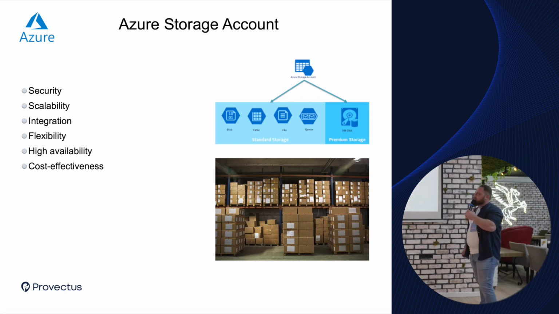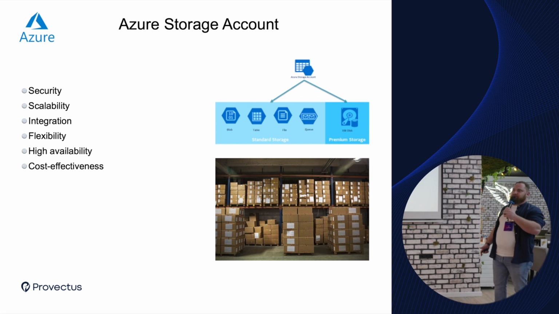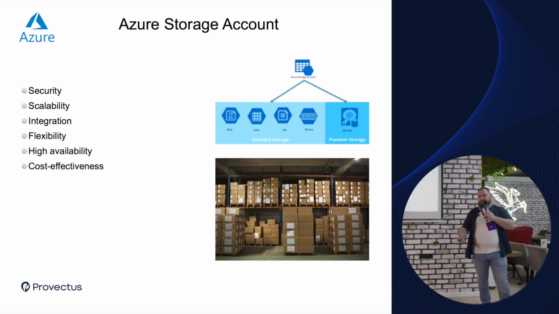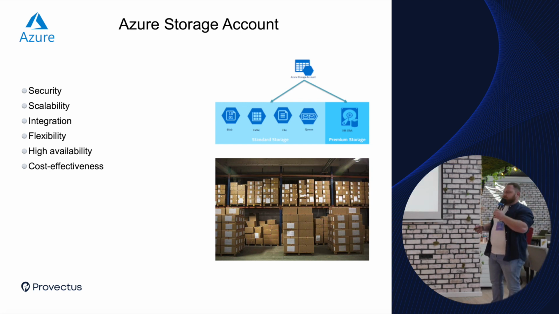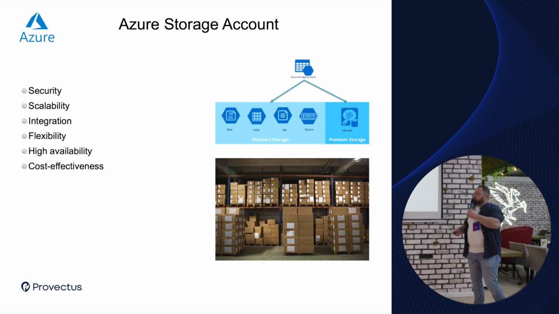A storage account provides storage for applications, for any kind of data, and it provides four types of storage: blob storage, table storage, queue storage, and, how could I forget, file storage, of course.